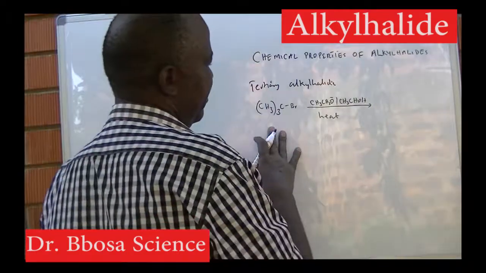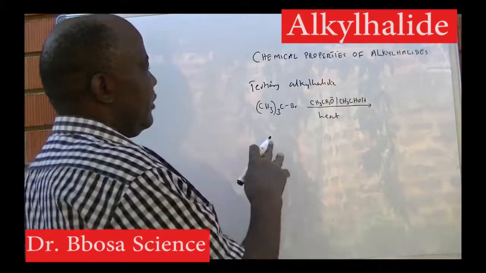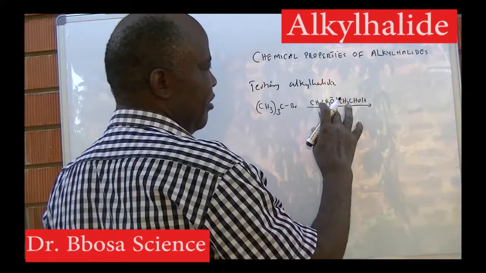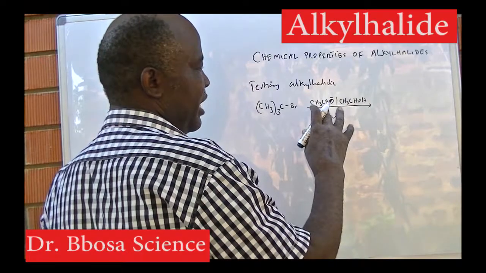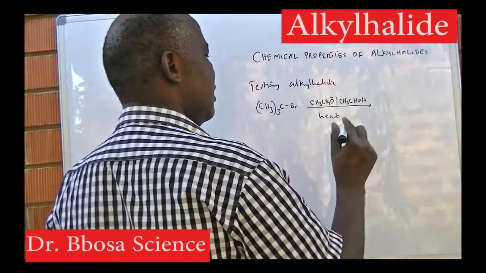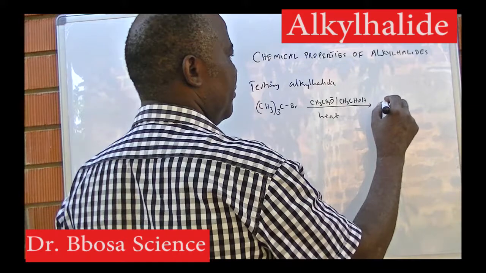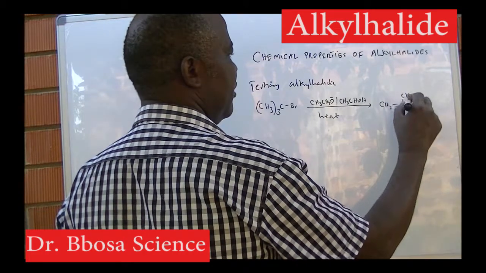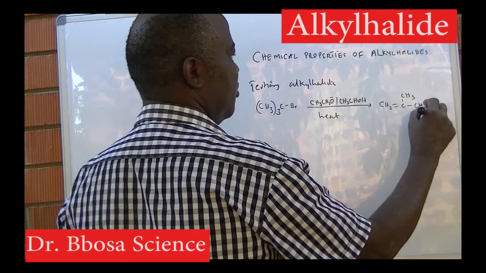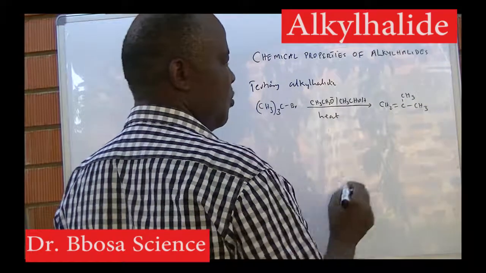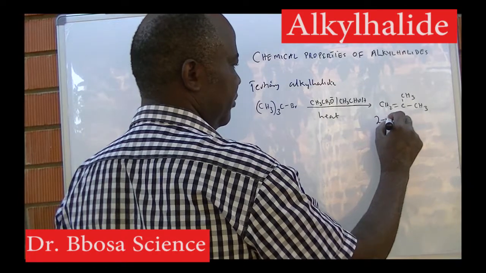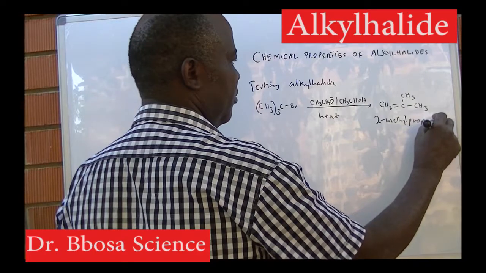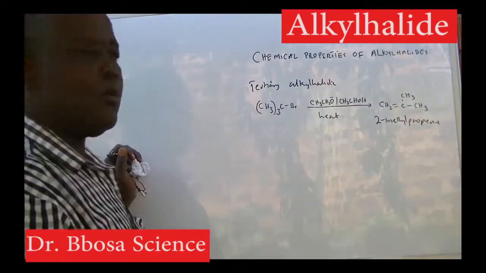Tertiary alkylhalides. 2-bromo-2-methylpropane will react with ethanol in the presence of potassium ethoxide to form 2-methylpropene.